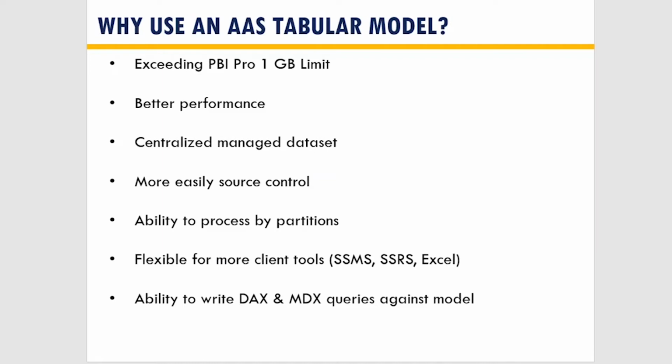Also, there's better performance. If you're finding that a lot of your visuals are running slow and the filtering and things aren't working well, you can generally, due to size, get better performance through using this. I don't know if you've ever experienced this with a lot of users in Power BI. You can have a lot of people connect to different sources. You can start creating a lot of different data sets inside of Power BI.